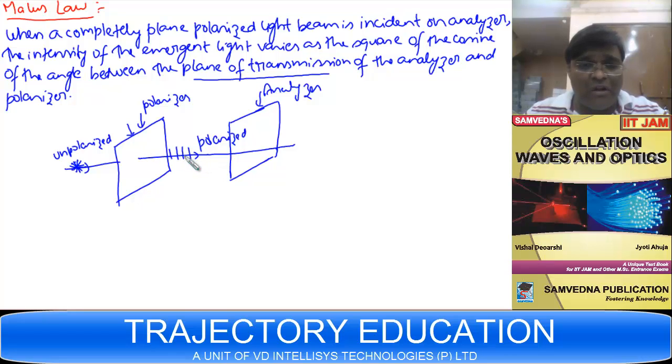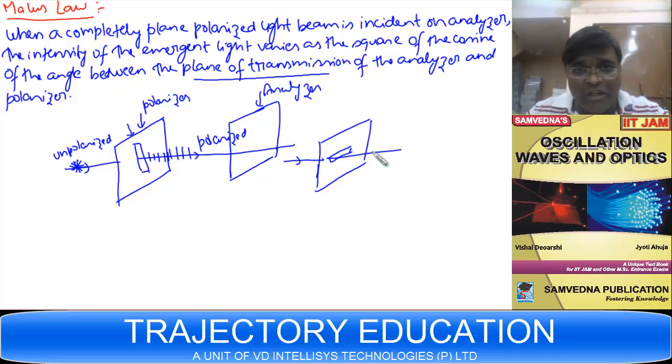The direction of vibration of the field associated with the rays forming the beam lies along the direction called the pass axis. If this is a polarizer and the pass axis is like this, then when unpolarized light falls on it, the light which comes out will have all its vibration lying along the pass axis.